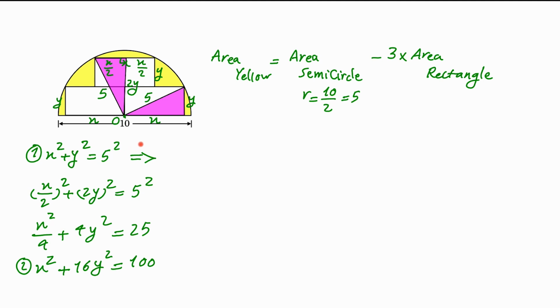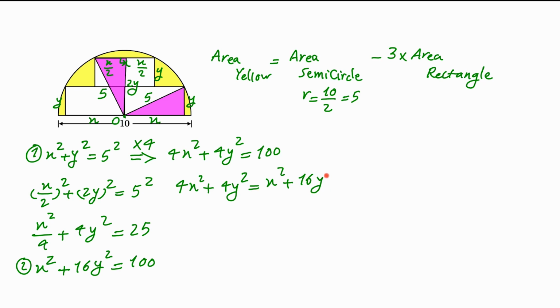If we multiply the first equation by 4, we get 4x squared plus 4y squared is equal to 100. We can see that this equation and this equation are equal to the same value, so the left sides of them should also be equal. So we can write 4x squared plus 4y squared should be equal to the left side of this equation, x squared plus 16y squared.